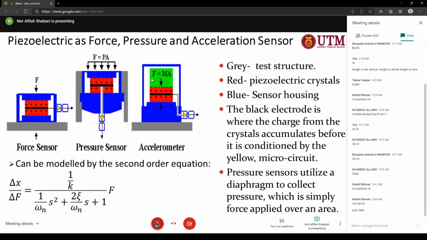Yeah, we have discussed this one. When you give some pressure here, the seismic mass will push this crystal and then you will get the output from here. And for the pressure sensor, it is also the same method. You give some force here and it produces some output here. Also with the force sensor. Okay, all right.